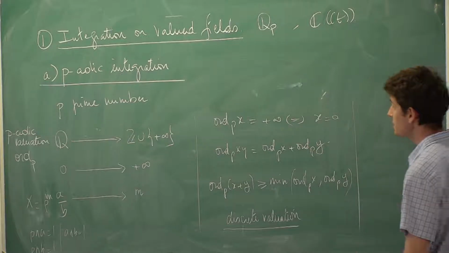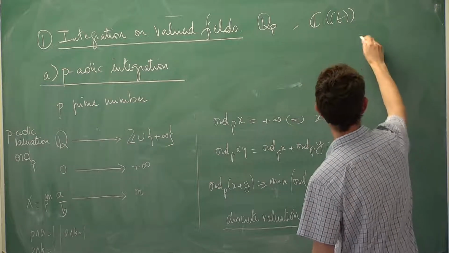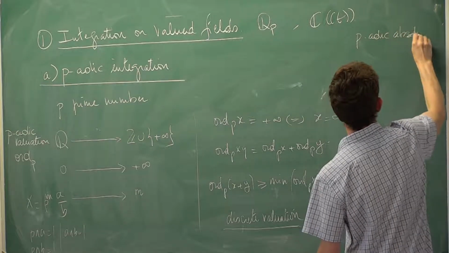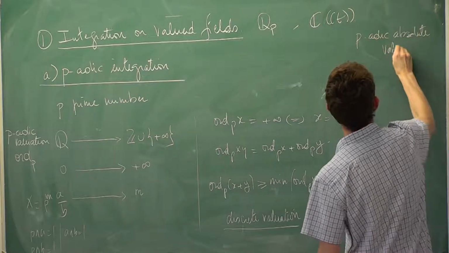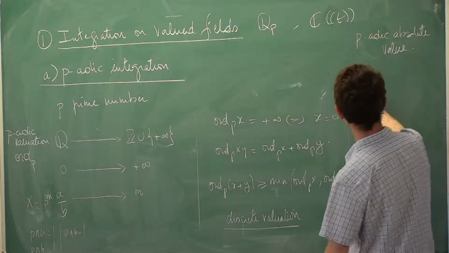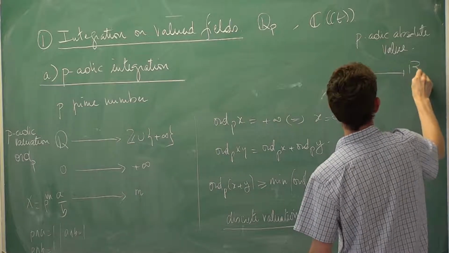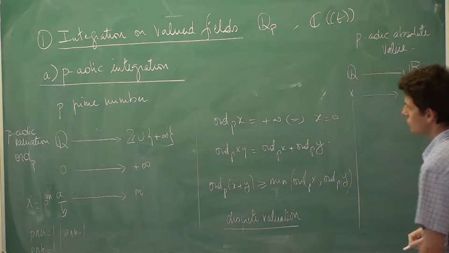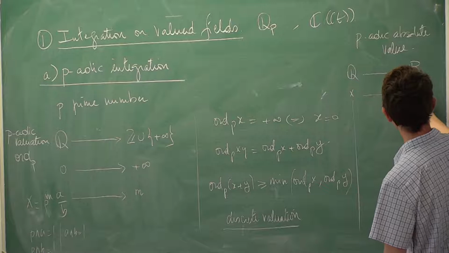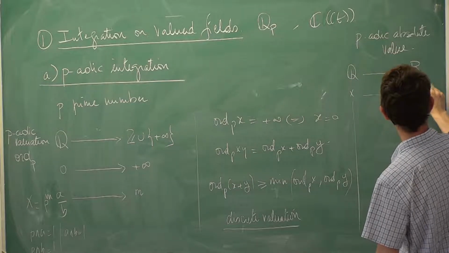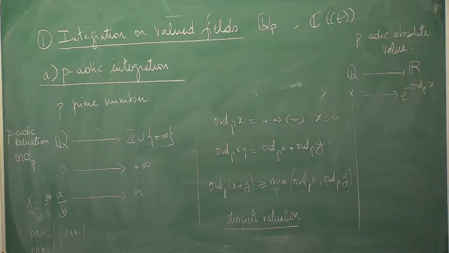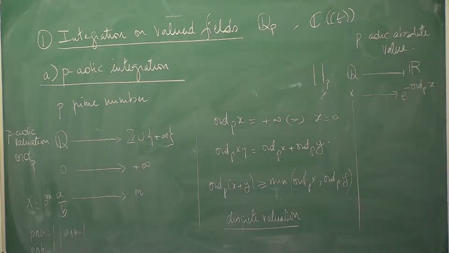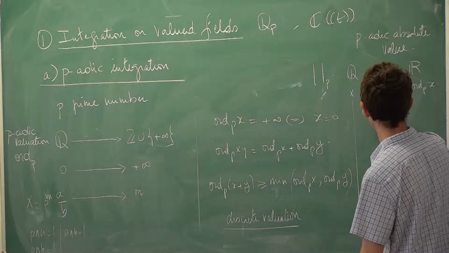And then you have a p-adic absolute value. So from Q to R, to x, you assign exponential minus the p-adic valuation of x. So I will denote it by this.